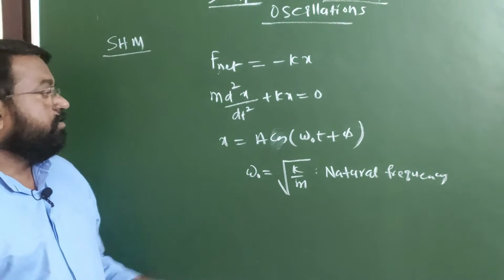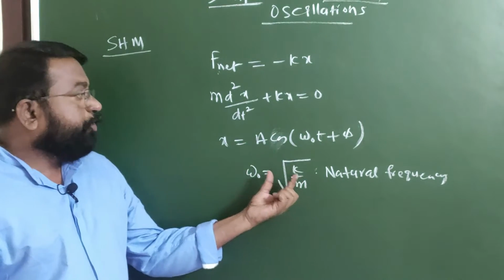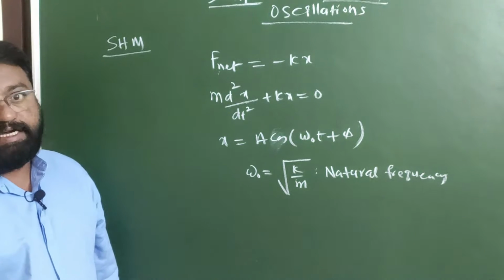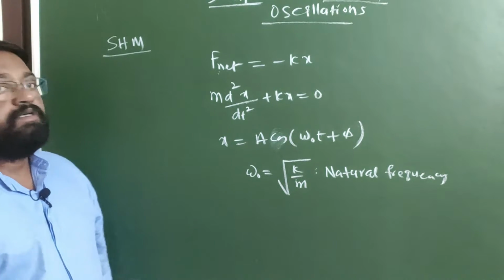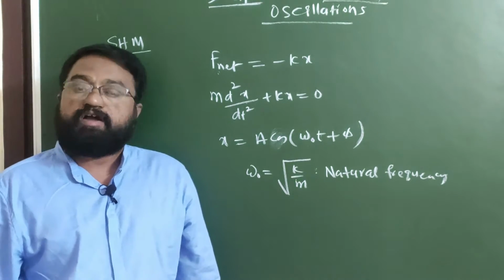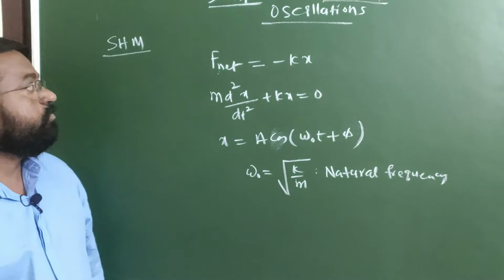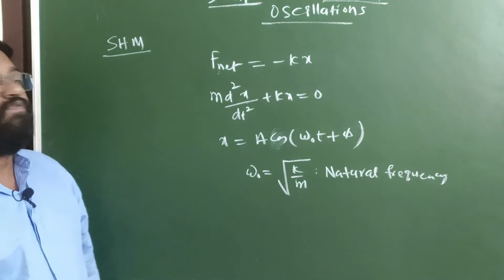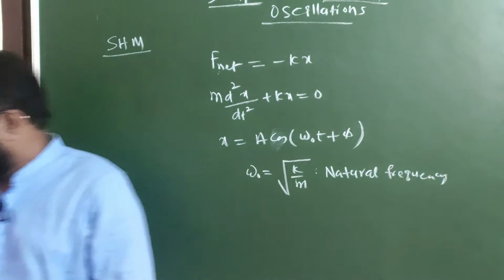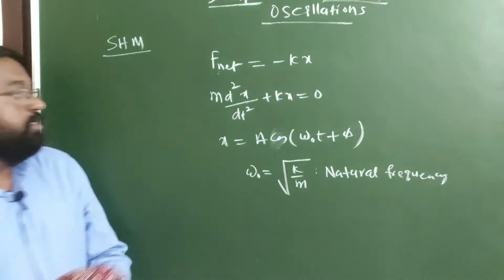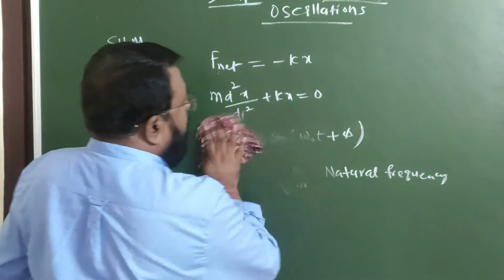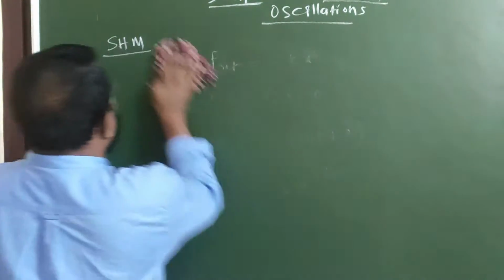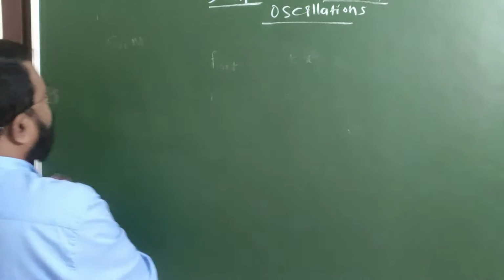In this case the amplitude of the oscillations is constant, but if the object is oscillating in a medium, due to viscous force or some other reasons, a drag force acts on it. This drag force is directly proportional to velocity and in the opposite direction.